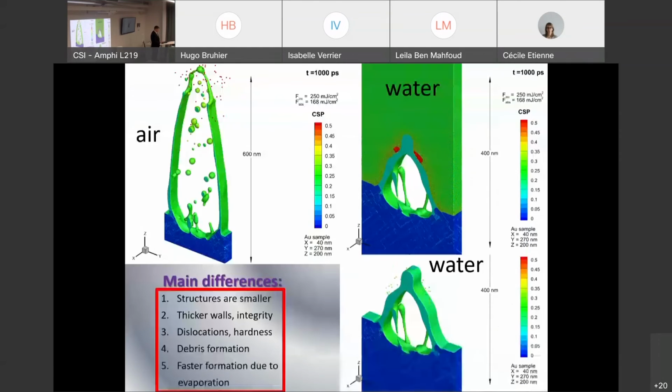So as a result, we can say that the structures produced underwater are smaller, they have thicker walls, they keep integrity, and the dislocations produced under the structure increase its hardness. We have no debris formation and faster formation due to evaporation.